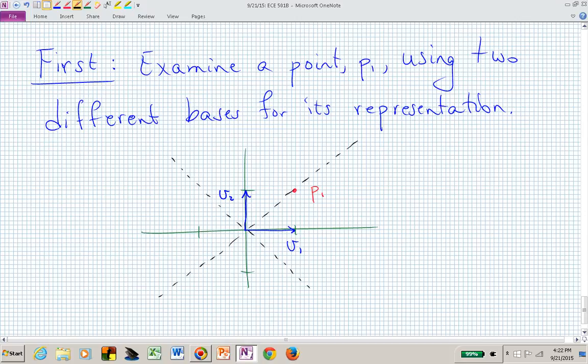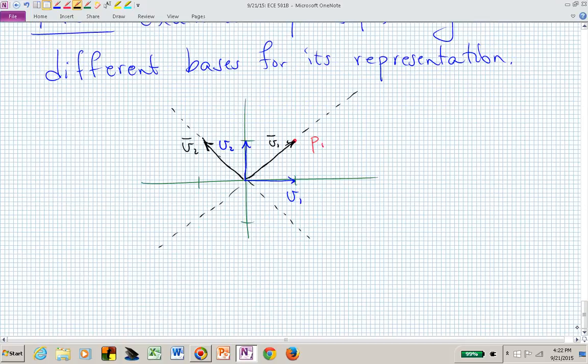Meaning, let me make V1 bar that vector, which in the standard basis is 1, 1. We always sort of go back to our standard basis. And V2 bar is now minus 1, 1.